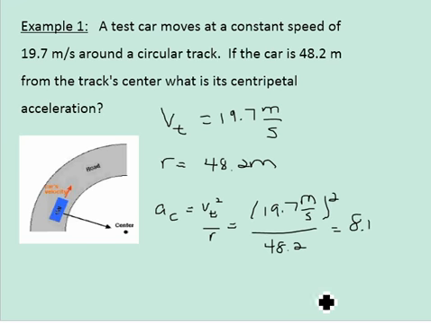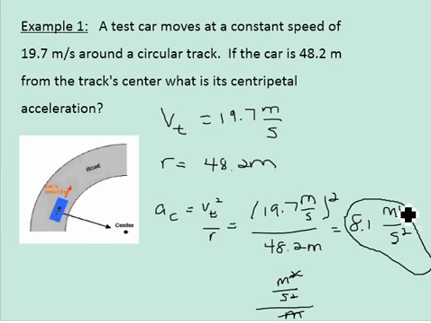On the top, we would have meters squared over seconds squared, because we square every term in there, and that would be divided by meters. If we take one of these meters, it cancels out one of those meters, and we end up with units of meters per second squared, which is exactly what we expect for an acceleration.